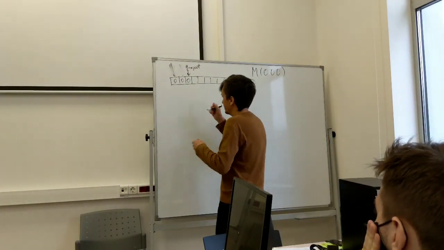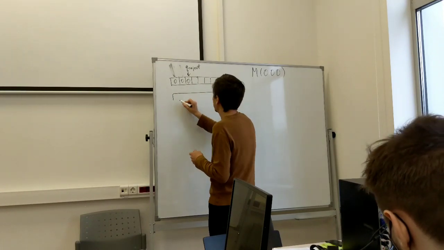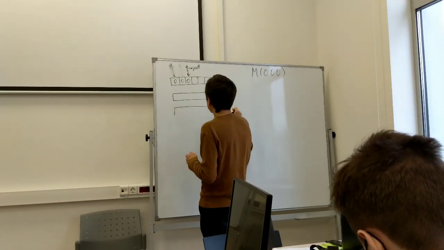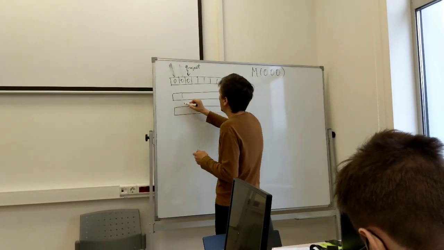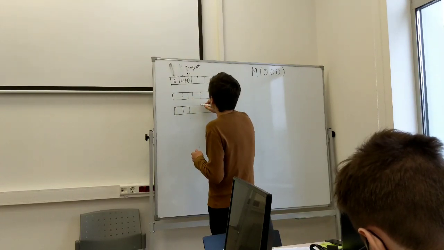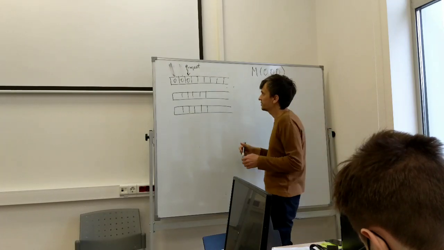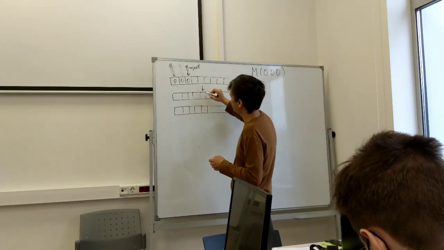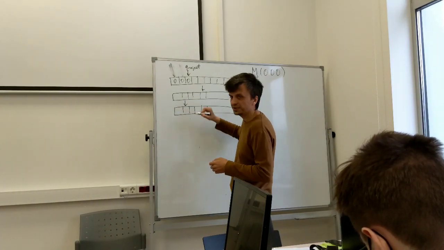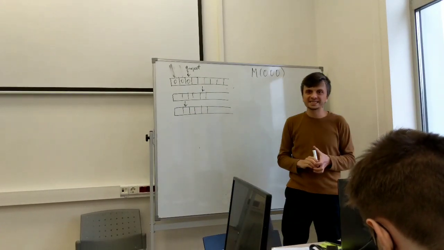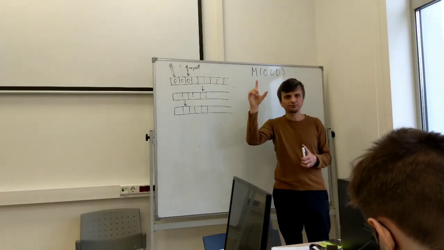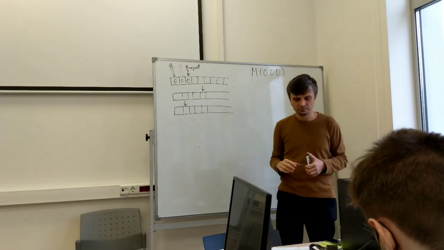So we can have, like, 3 tapes, for example. All these tapes have independent heads. For this tape the head may be here, for this one it may be here, and so on. But the state is the same for the entire machine.